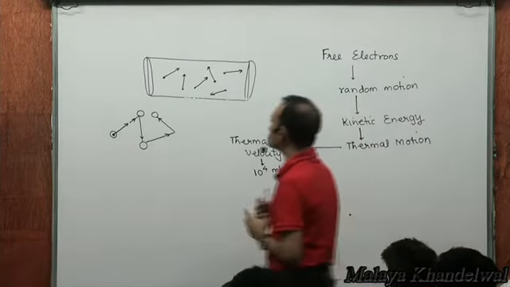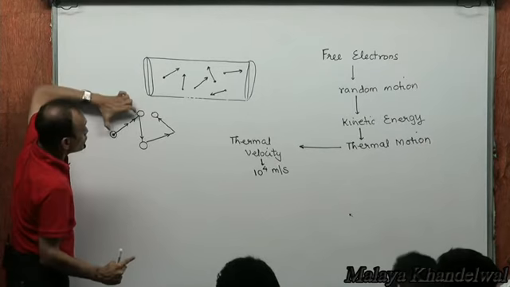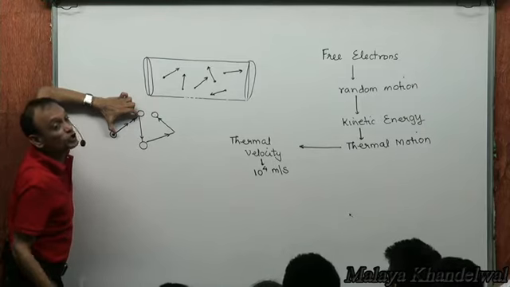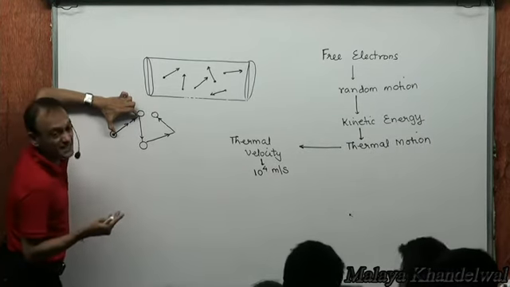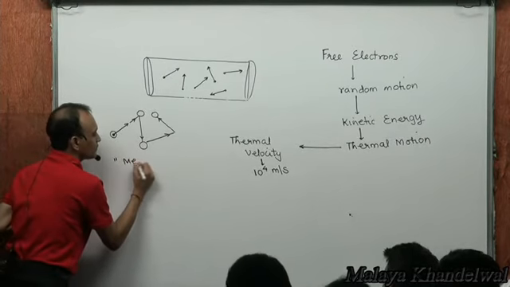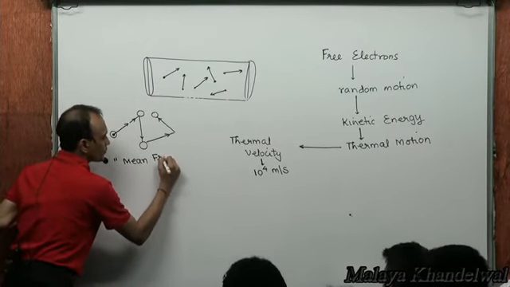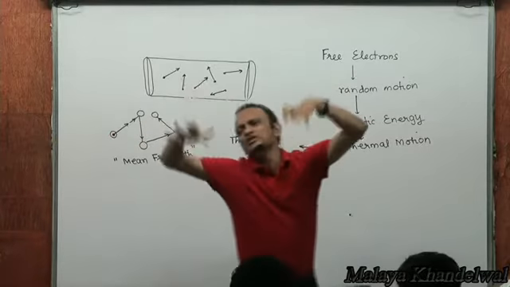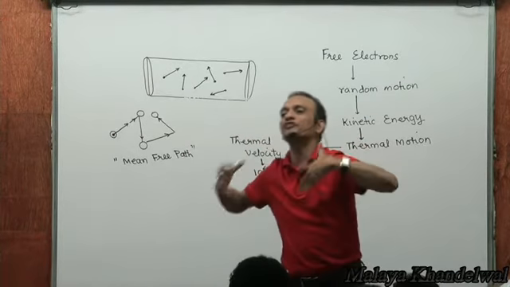Now, this is one collision, this is the next collision, right? This path between two successive collisions is called a free path. This is a free path, this is another free path, this is another. An average of these free paths is what is called a mean free path.